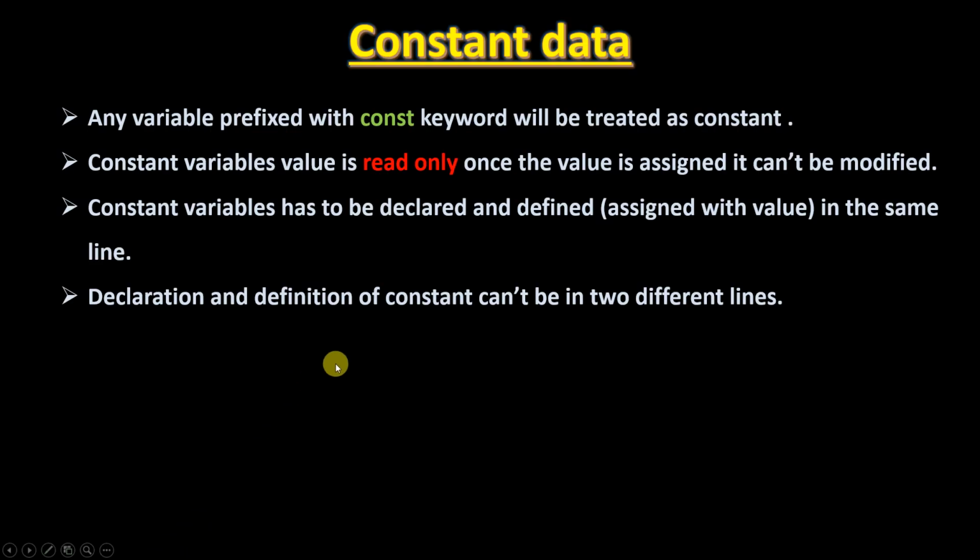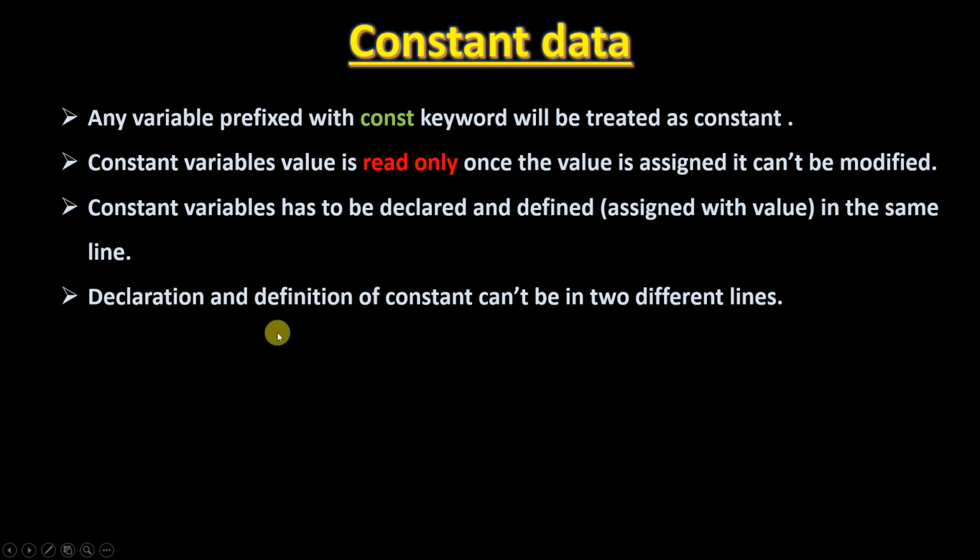So any variable prefixed with the const keyword will be treated as a constant, and the constant variable's value is read only. Once you have assigned some value, you cannot change it or modify it throughout the program. Constant variables have to be declared and defined in the same line only.